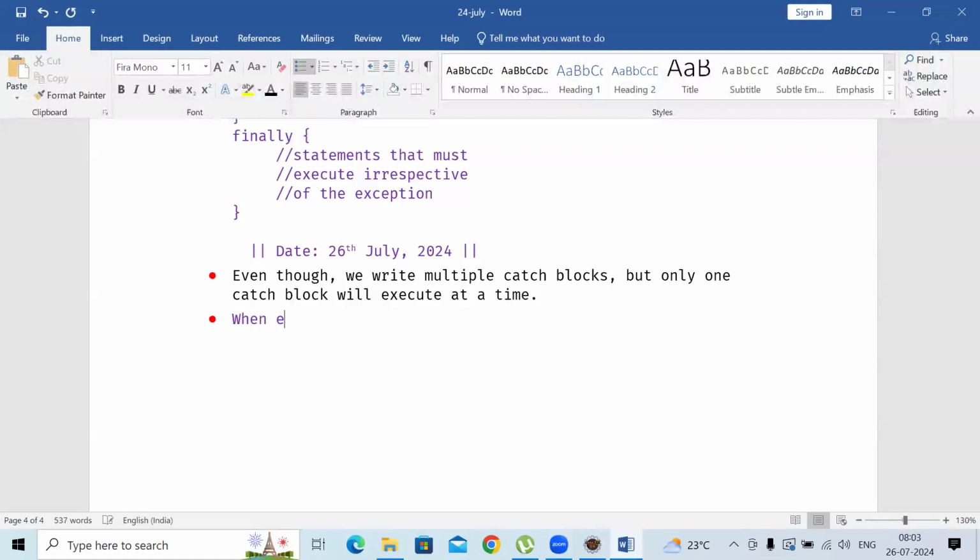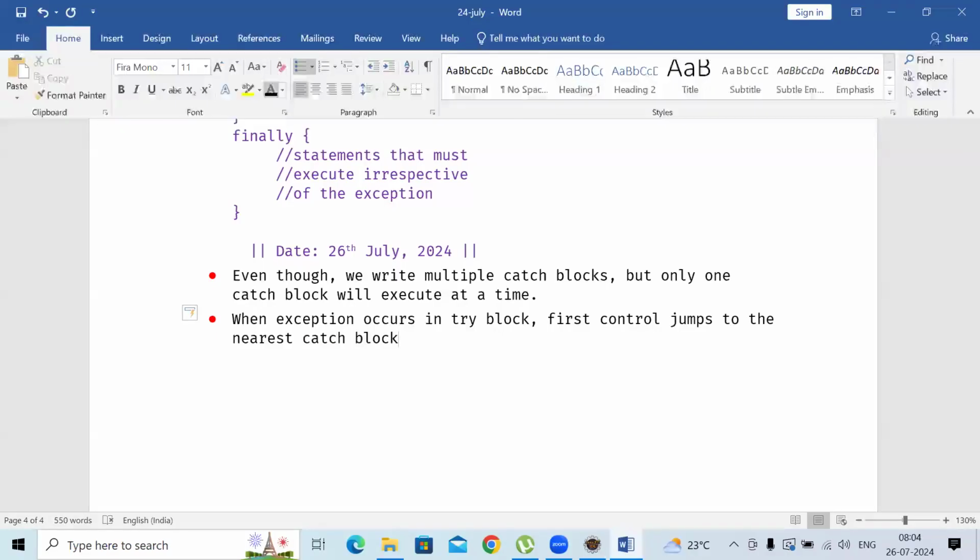When an exception occurs in the try block, control jumps to the nearest catch block.